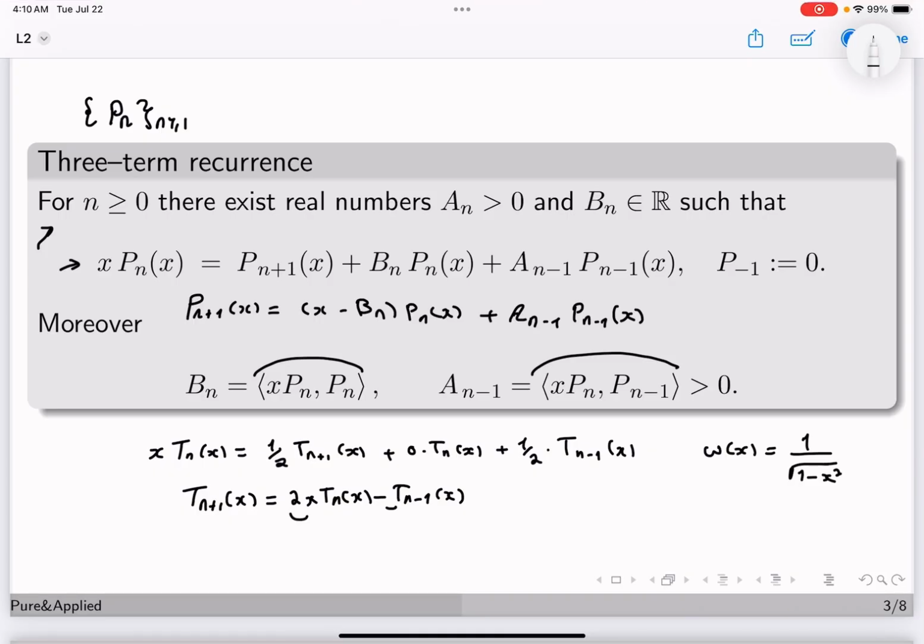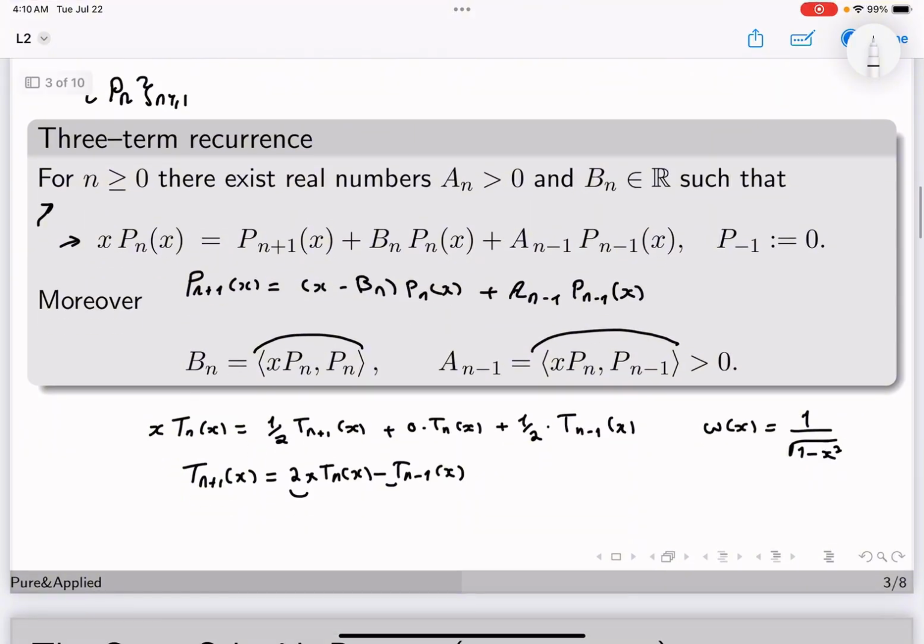So what I'm going to do now is divide by T_n. So I have T_{n+1} over T_n of x, and that's going to be equal to 2x minus T_{n-1}(x) over T_n(x).